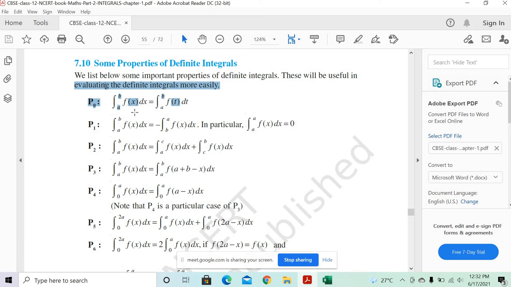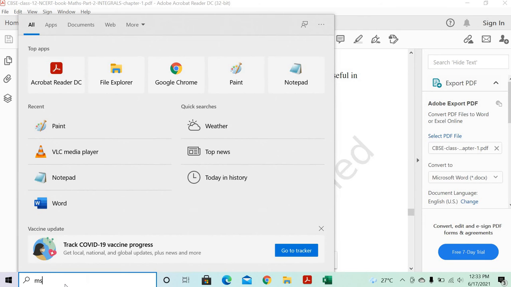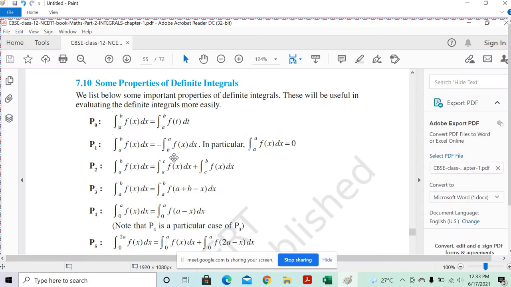First property: integral from a to b of f of x dx is equal to integral from a to b of f of t dt. Fine. So what we're doing, we're just changing x to t. Example, so that you are clear about it: what does it mean here?